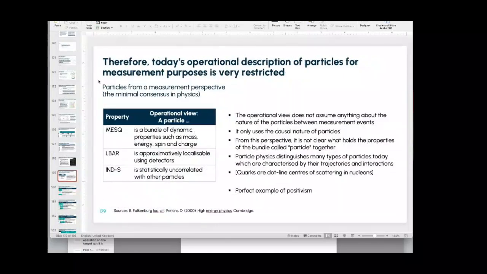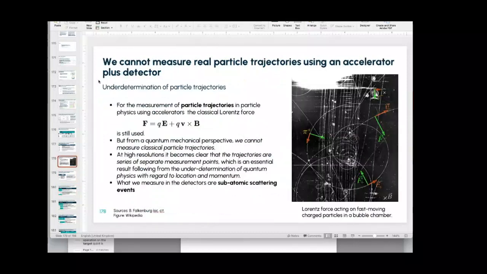So where is this nicely explained? For example, when you have a particle trajectory in an accelerator in particle physics, you are using the classical Lorentz force. But from a quantum mechanics perspective, we cannot measure classical particle trajectories.